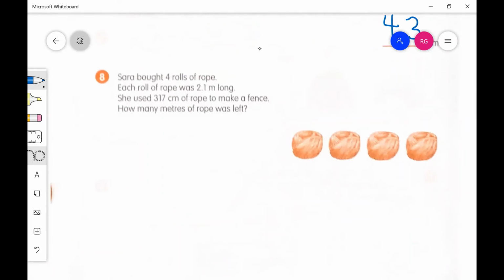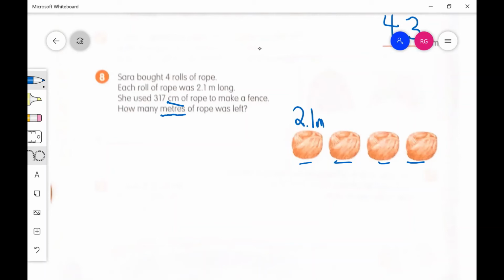Okay, so she's got 4 rolls of rope here. 1, 2, 3, 4. And each roll of rope was 2.1 meters. Okay. So she used 317 centimeters. And what are my units going to be in my answer? Meters. Meters.